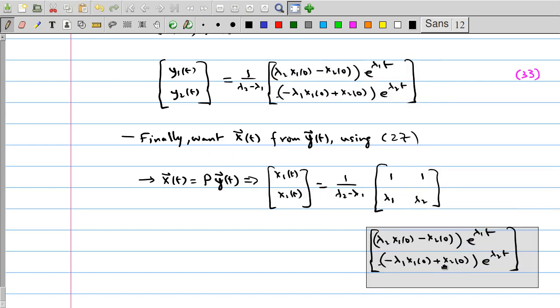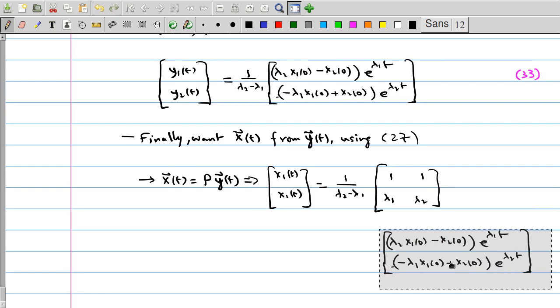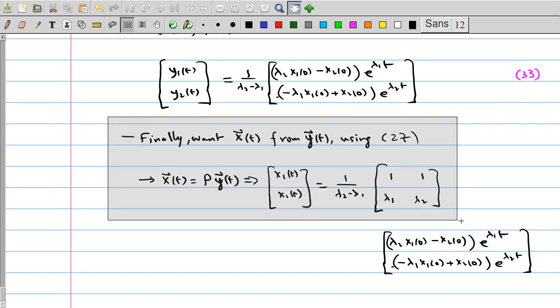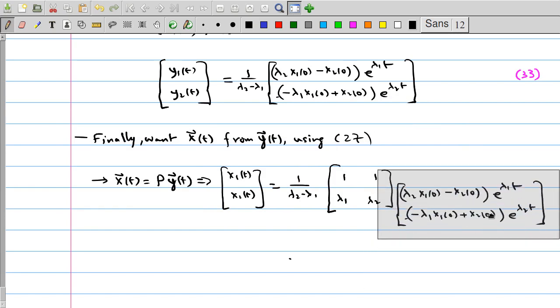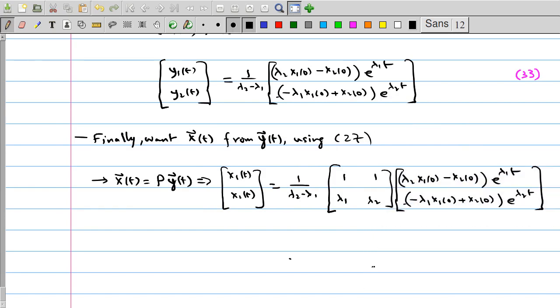Oh, a lot of space. Alright, and let's try to write it out without making too many mistakes. Lambda 2 minus lambda 1. So 1 1 means just add these two.